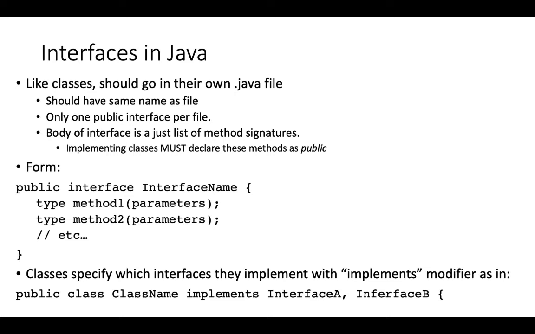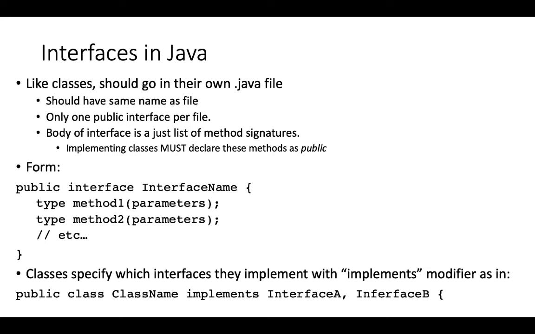Just like classes, interfaces go in their own .java file, and the name of the interface should match the name of the file. But the body of an interface, unlike classes, does not contain any instance variables, any instance fields, any code or constructors.